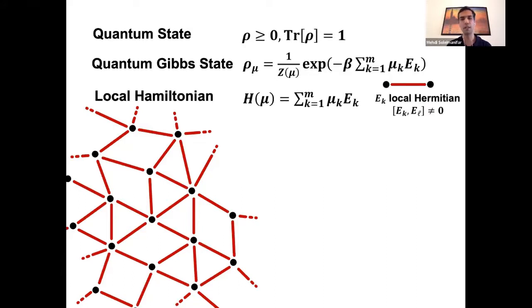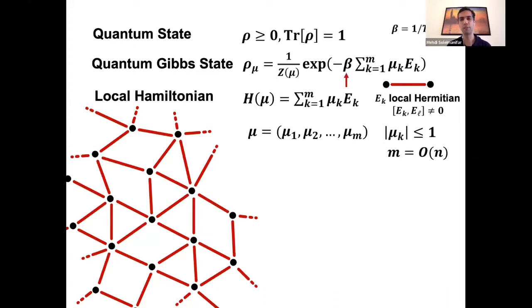So here these E_k's are local Hermitian operators that don't necessarily commute with each other, and they form a basis. So you can fix them beforehand, for example, as a tensor product of a constant number of Pauli operators. And once you have them, you can decompose your Hamiltonian as a linear combination of them. The coefficients you get, mu_1 through mu_m, are called the interaction coefficients.